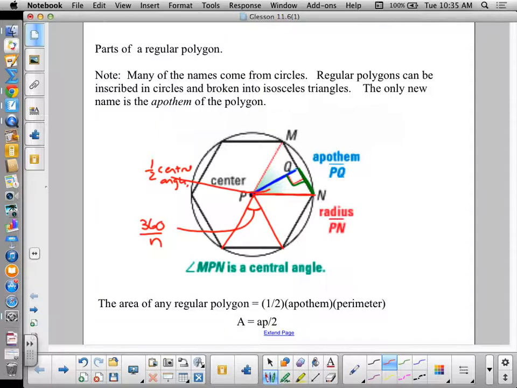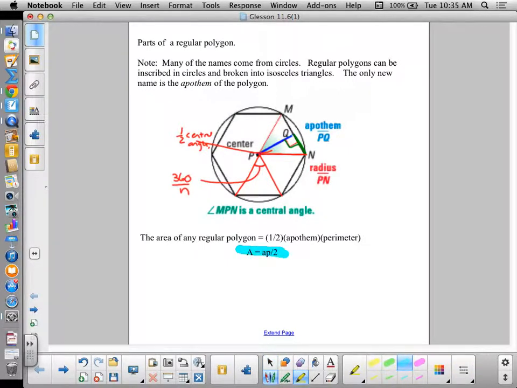The other formula we have for the area of a polygon is this one. Area equals the apothem times the perimeter of the polygon divided by 2. Essentially what we do in that formula is we put together all the triangles for you. So if we know the length of the apothem, we know the perimeter of the entire polygon.